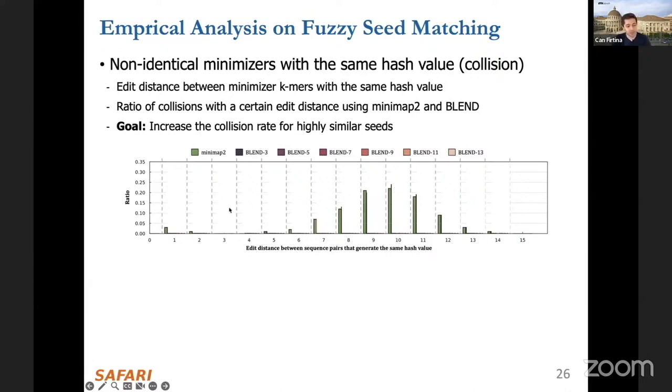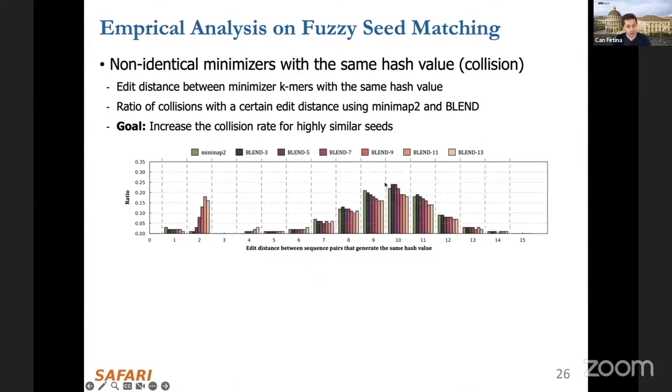What we want to do is increase the collision around this area, so that we have a selective collision, in the sense that those collisions are between highly similar seeds and there are many of them. And this is what this figure is showing.